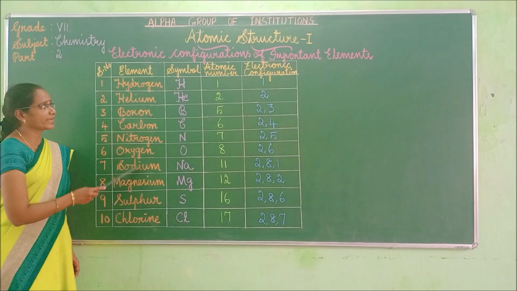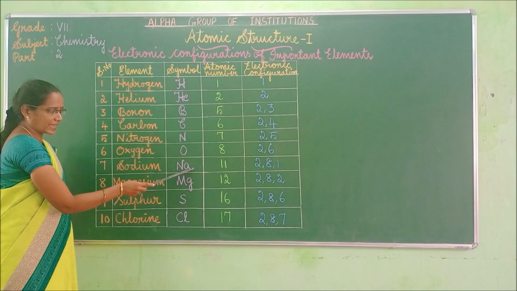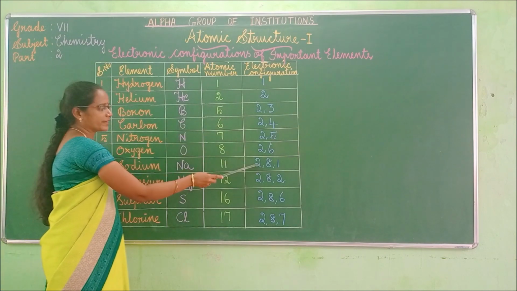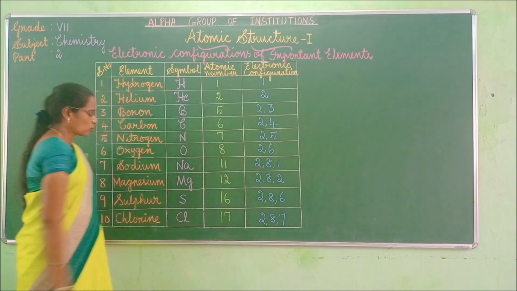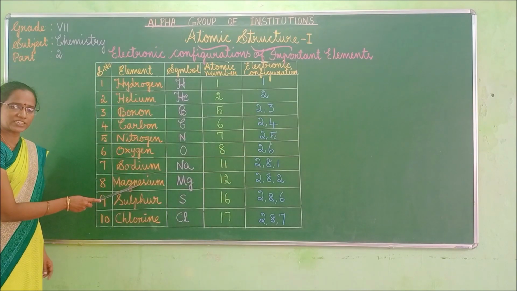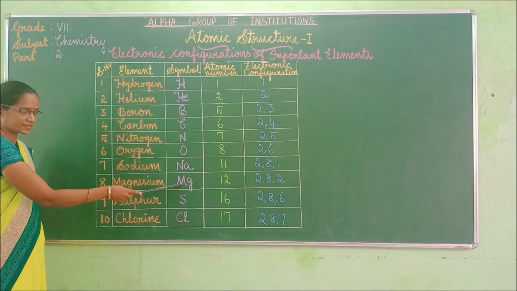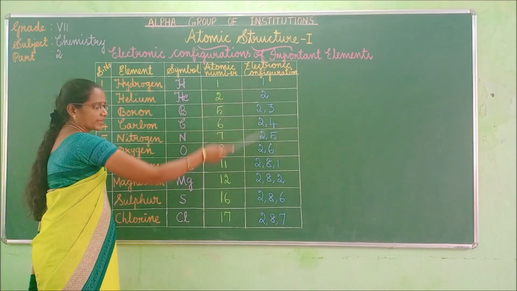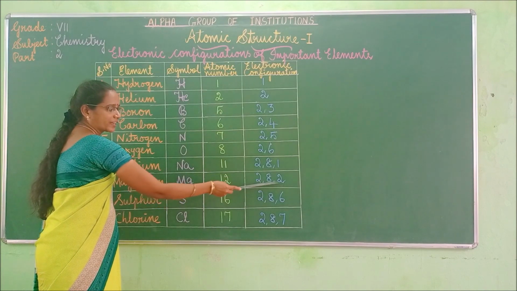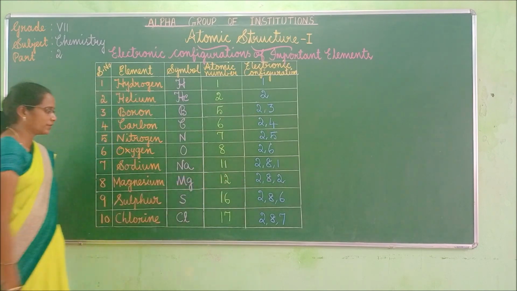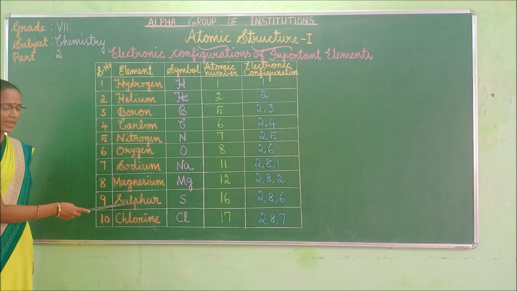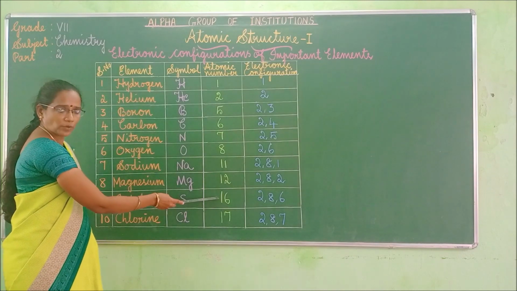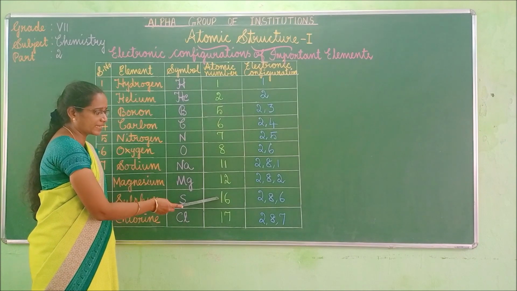Next one is sodium. Its symbol is Na. Atomic number is 11. It should be split into 2, 8, 1. Next one is magnesium. Its symbol is Mg. Atomic number is 12. Its electronic configuration is 2, 8, 2. So totally 12. Next one is sulfur. Its symbol is S and its atomic number is 16.